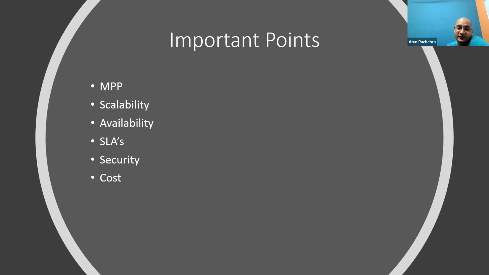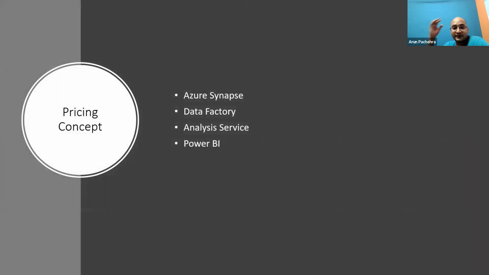So let's check out the pricing concept for this architecture, because this is very important whenever we go and talk to the customer. Most of the time they are after the cost, even though they're looking for the innovation, or maybe their data center exit is nearby. But of course, cost, because somebody is going to pay, right?